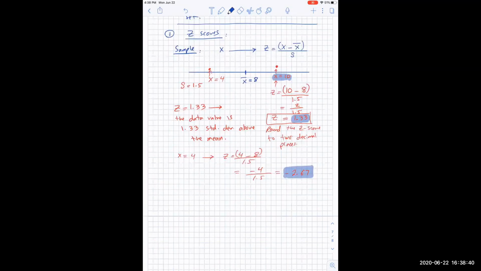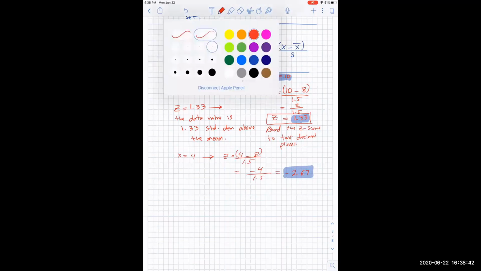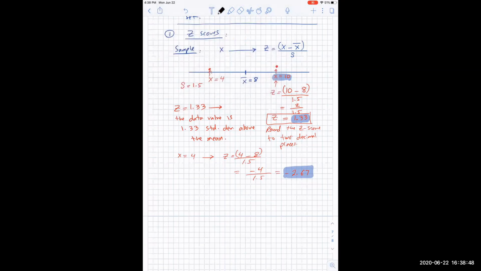So we have something very important here, guys, that we need to understand, which is the z-line. Here in the middle, the z-score is 0. This is where the mean is.